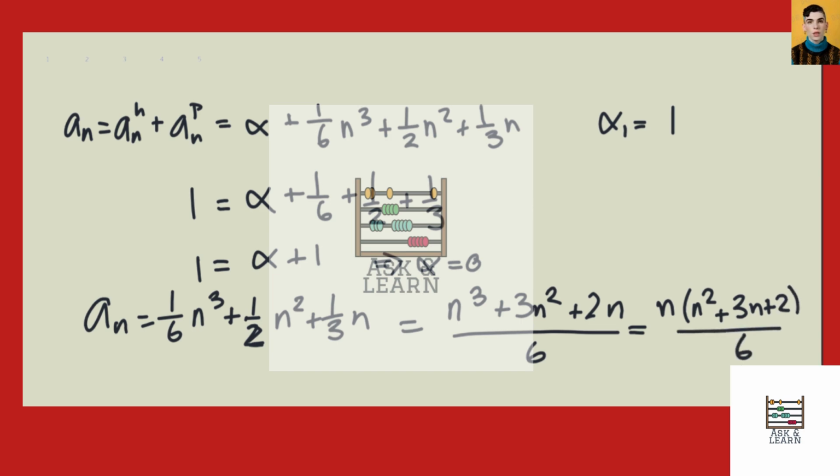And you can simplify it further by factoring out this top portion here. So that would be n plus 1 and n plus 2. And I think all this factoring and simplifying might be extra, depending on your style, how you like to write it. So any of these forms would be correct.